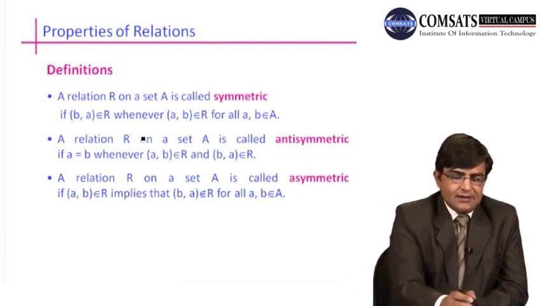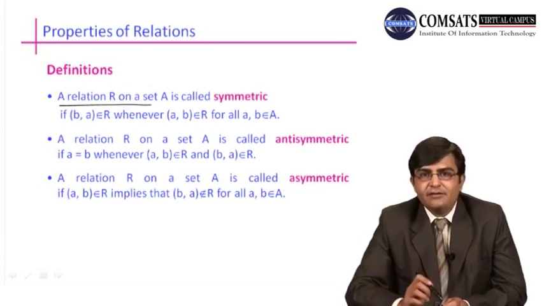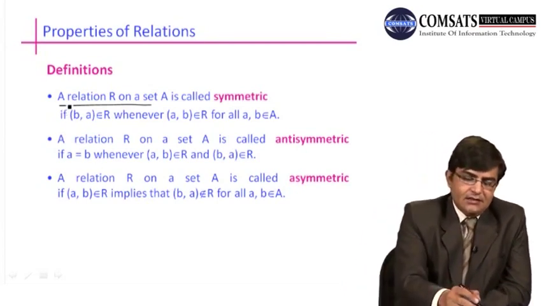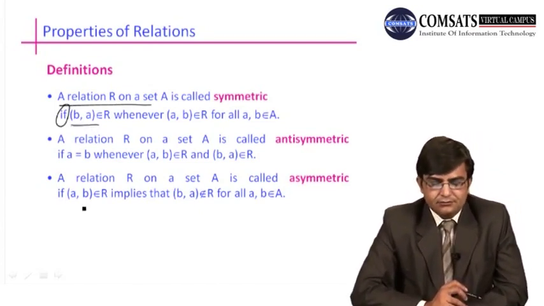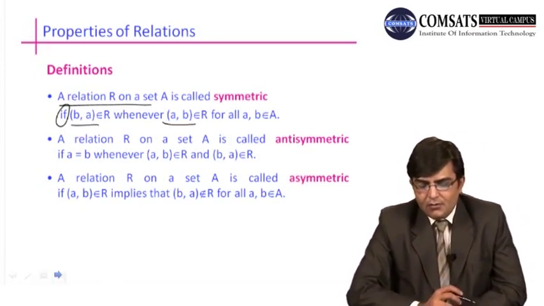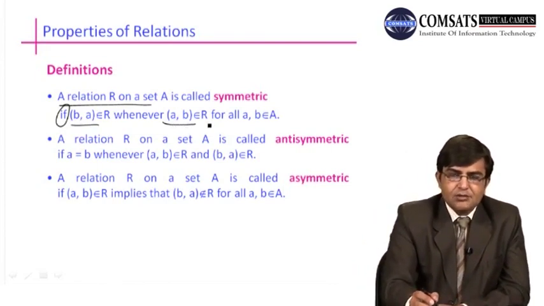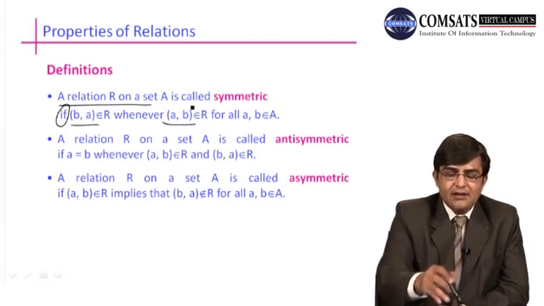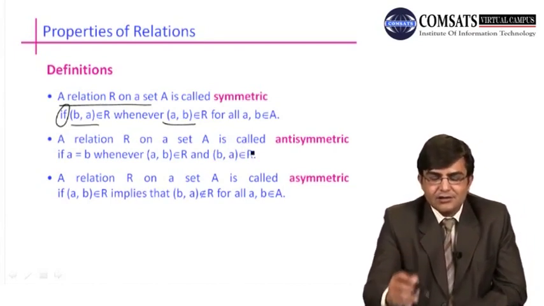By definition, a relation on a set A is called symmetric if (b, a) belongs to R whenever (a, b) belongs to R, meaning for all (a, b) belonging to R. If (a, b) belongs to R, then (b, a) must also be in R for a relation to be symmetric.